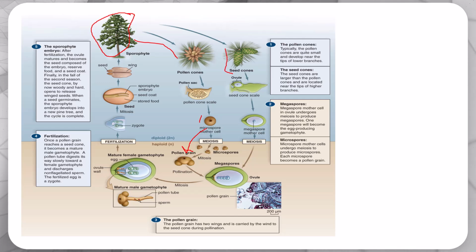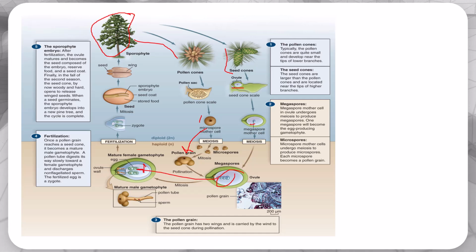And we've got seed cones, which have the ovule, which is the egg, and they also have this megaspore mother cell, which grows up to become the female gametophyte generation here. This grows up to become megaspores, which then grows up to the female gametophyte generation.